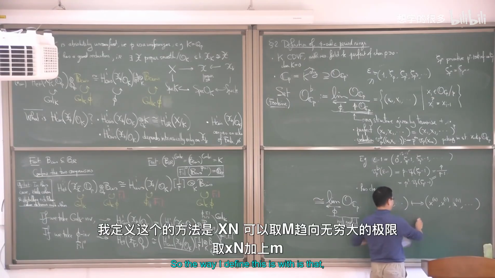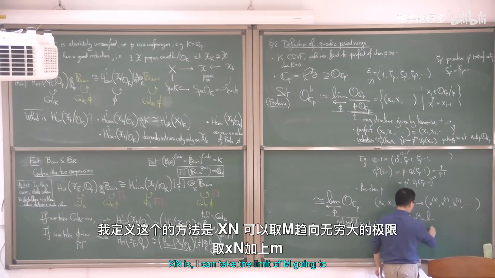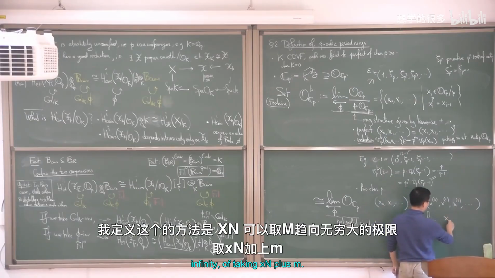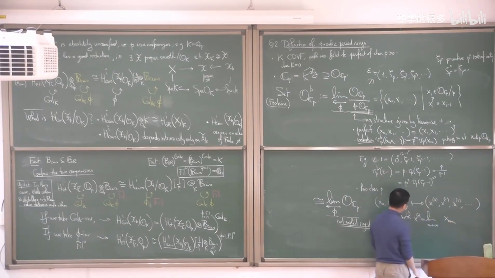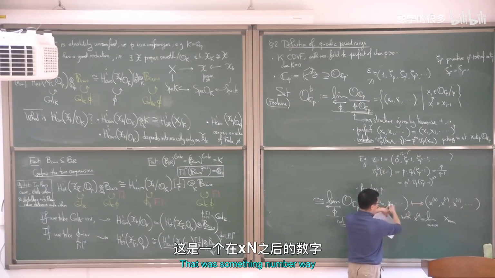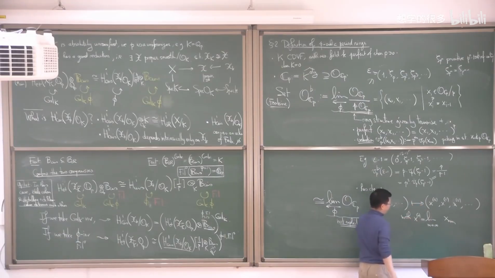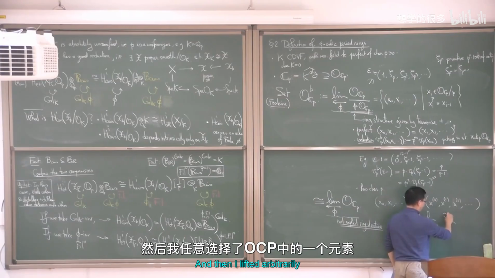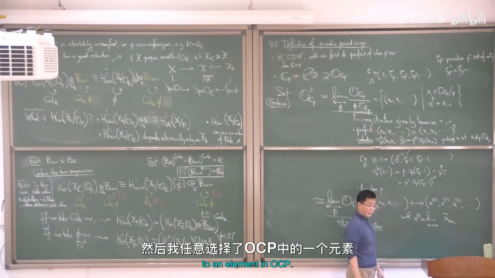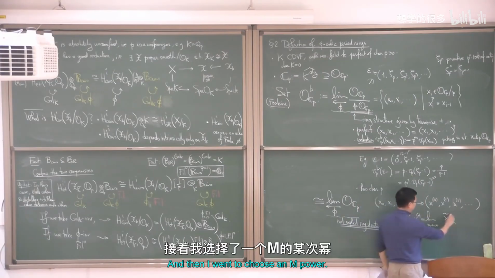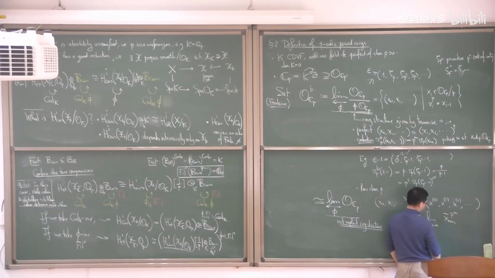The way I define this is that X_n is the limit, as m goes to infinity, of taking x_{n+m}, some number way after this x_n, and then I lift it arbitrarily to an element in O_C, and then I raise to the p to the m power.